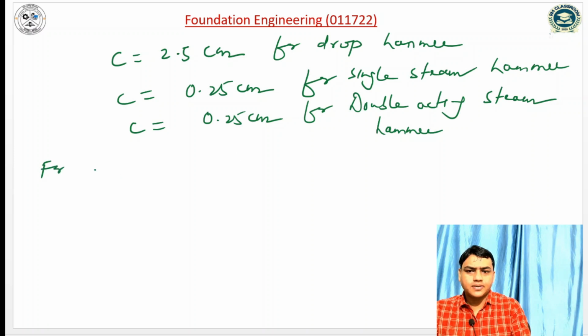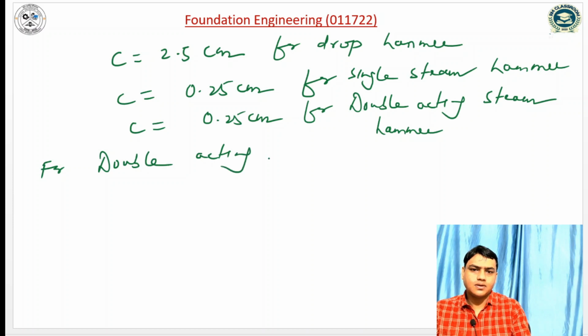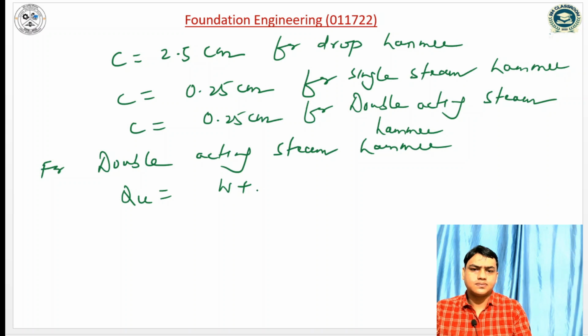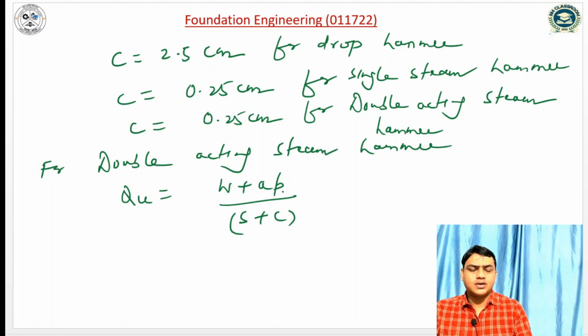So for double acting steam hammer, ultimate load is equal to (W plus A into P) divided by (S plus C), where A is the cross-sectional area of the piston, P is the allowable pressure of the piston, and W is the weight of hammer, and all the symbols are the same.